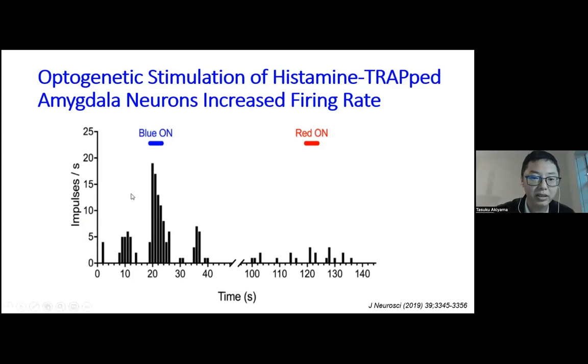You can see here that by turning on the blue light, we see an increase in the firing. But the light sensitive channel is specific for blue or green light. By delivering the red light, we don't see the increase in the firing. So this is a proof of concept of our method.